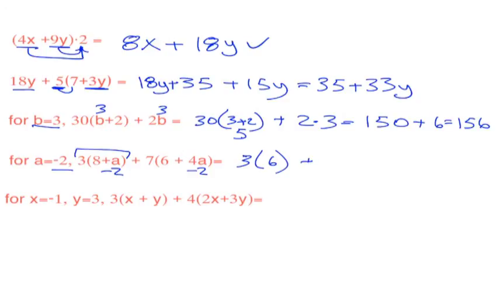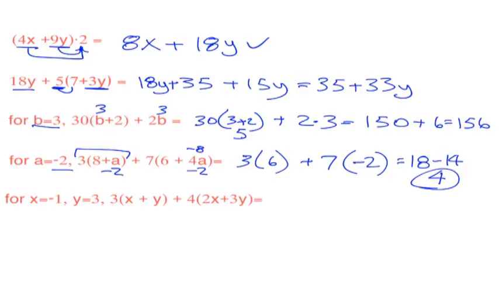Now I'm going to have a plus 7 times 4 times negative 2 is negative 8. And a negative 8 to positive 6 gives me a negative 2. So now what I have is 3 times 6 is equal to 18, and 7 times negative 2 is equal to minus 14, and that gives me 4 as the answer.